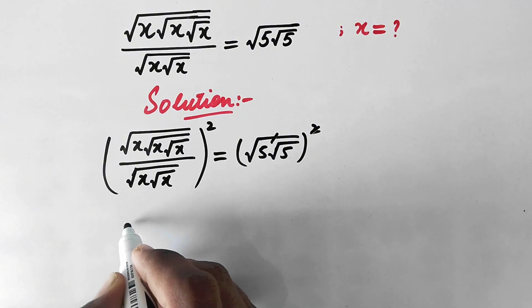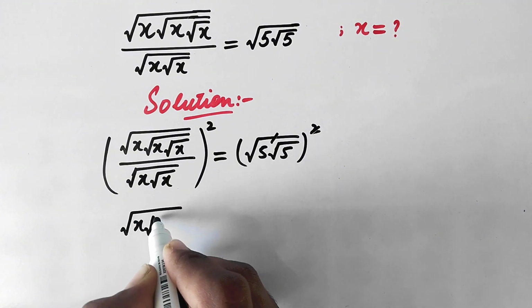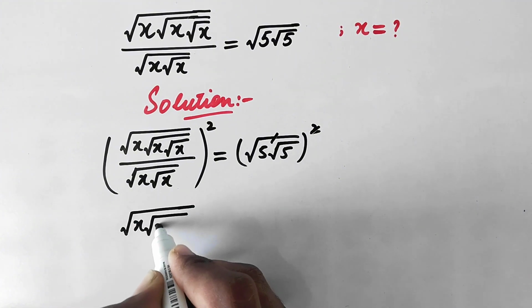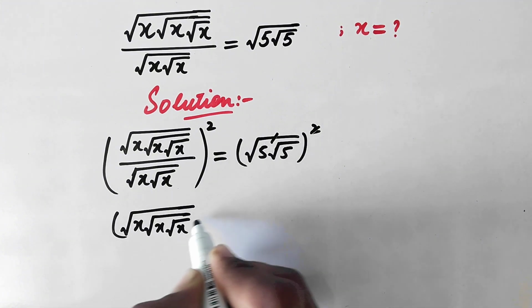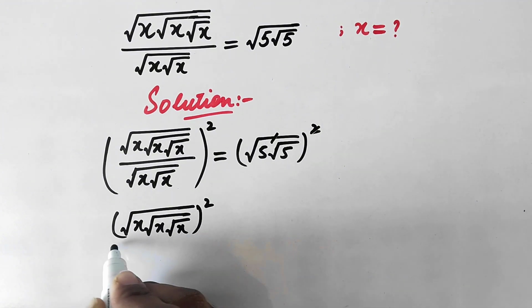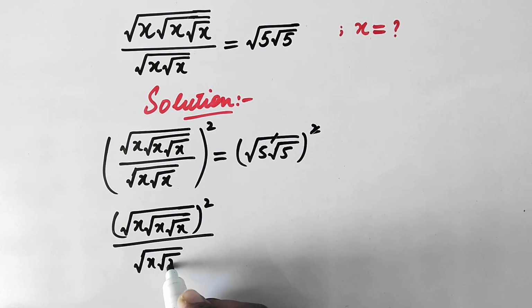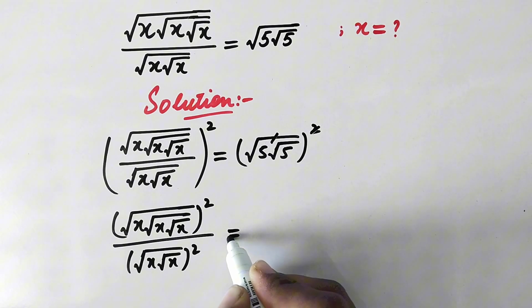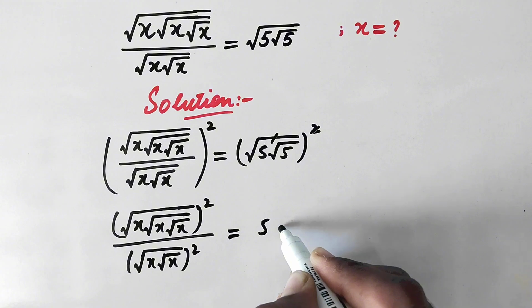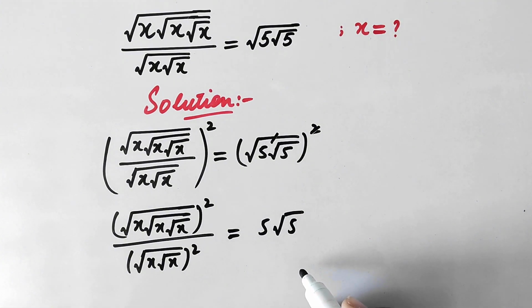So here will be square root of x times square root of x times square root of x to whole power square divided by square root of x times square root of x to whole power square is equal to, here will be 5 times square root of 5.